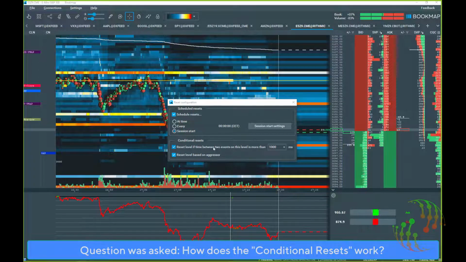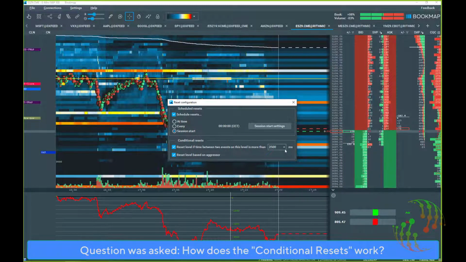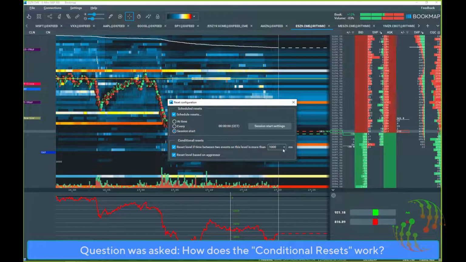The second condition is reset time level: if the time between two consequent events, two following events on this level, is more than 1000 milliseconds.